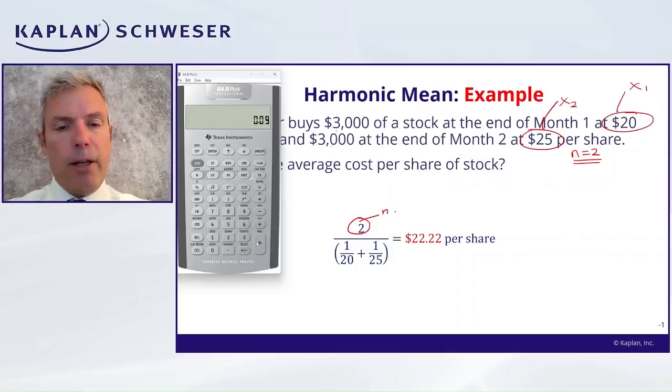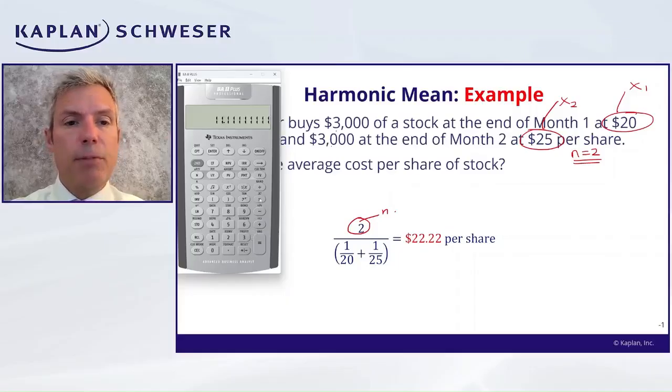I did that all in one go. Now I've got what's on the denominator. I can put it on the denominator by hitting 1 over x again. That's a neat trick. And then I can just multiply it by the numerator, multiply it by 2, and I'll get 22.22. So run that back and have a look at it again. That's the quick way of getting that particular calculation out.